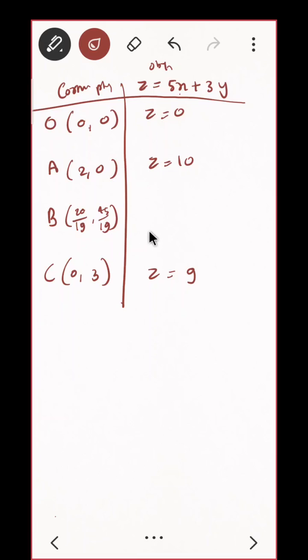You just confirm whether it is 235 upon 19. Just confirm, are you getting the same?